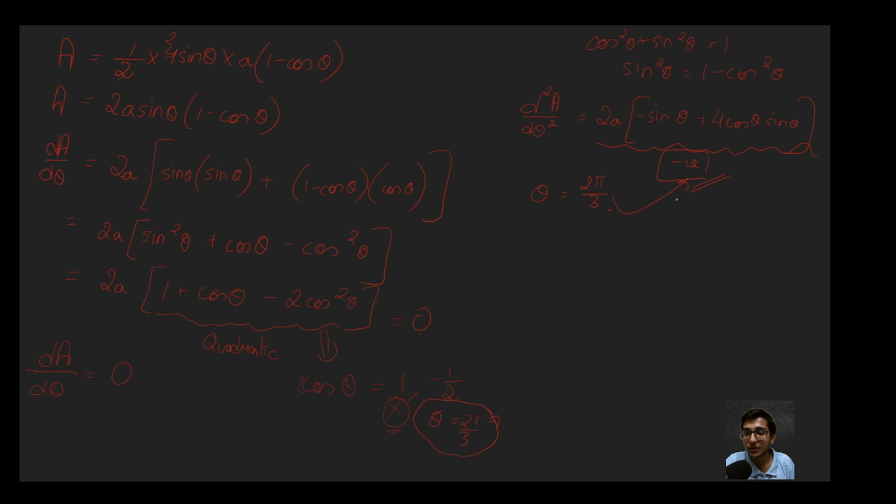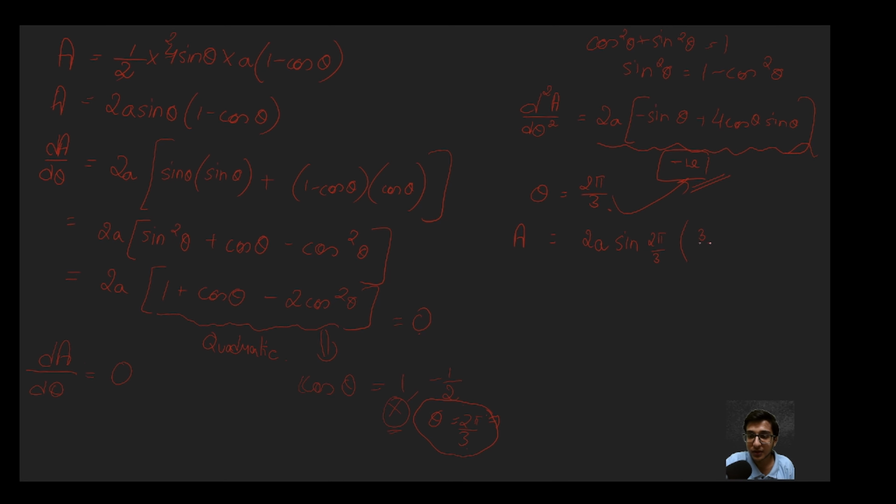If we put theta equal to 2 pi by 3 in this equation, it will come out to be negative. So we can say that area is ultimately equal to 2A sine 2 pi by 3 into 1 minus cos 2 pi by 3, and cos 2 pi by 3 is minus half.